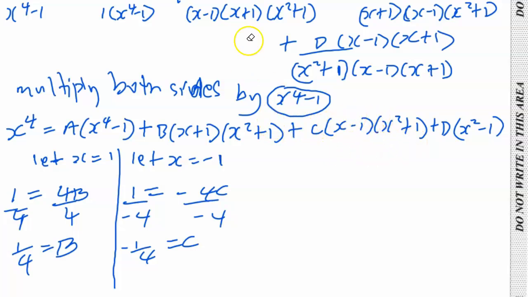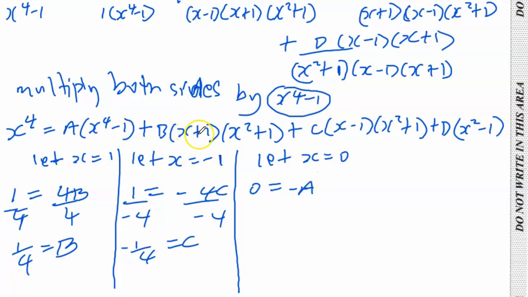Next, I don't think there are any other values we can use to cancel all the brackets. So what we can do is use a small number, as small as possible. So we can let x be 0. Now if x is 0, on the left hand side you'll have 0. In the first bracket, 0 minus 1, which is minus 1, so we'll have minus a.